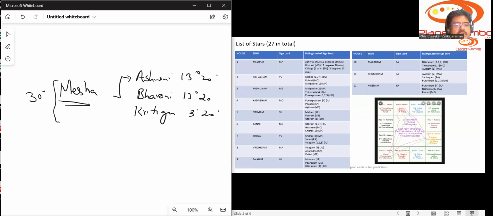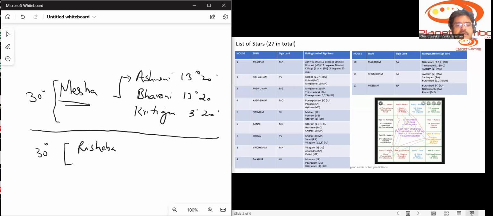Now, if you go to the next sign, 30 degrees, which is Rishabham, Kritika will continue, because each star is supposed to have 800 minutes. So this is the basis of how it is split. The list of stars is mentioned here: Ashwini, Bharani, Kritika, Rohini, Mrigasira.